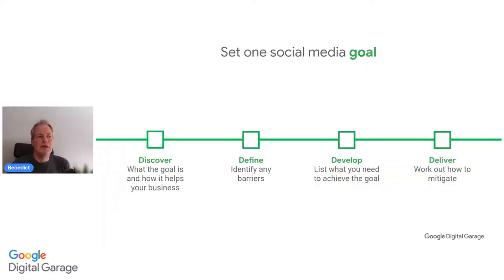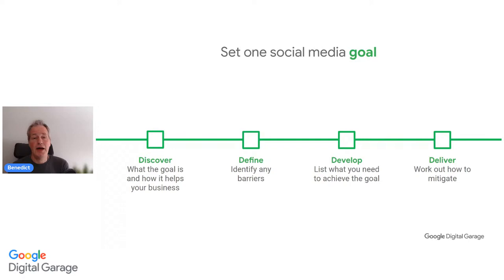We recommend something called the double diamond framework for problem solving, and it consists of the 4 Ds you've got on the screen. Discover: what the goal is and how it actually helps your business. Define: what are the things that could get in the way? The challenges, should we call them, not obstacles, challenges. Develop: what do you need to achieve this goal?